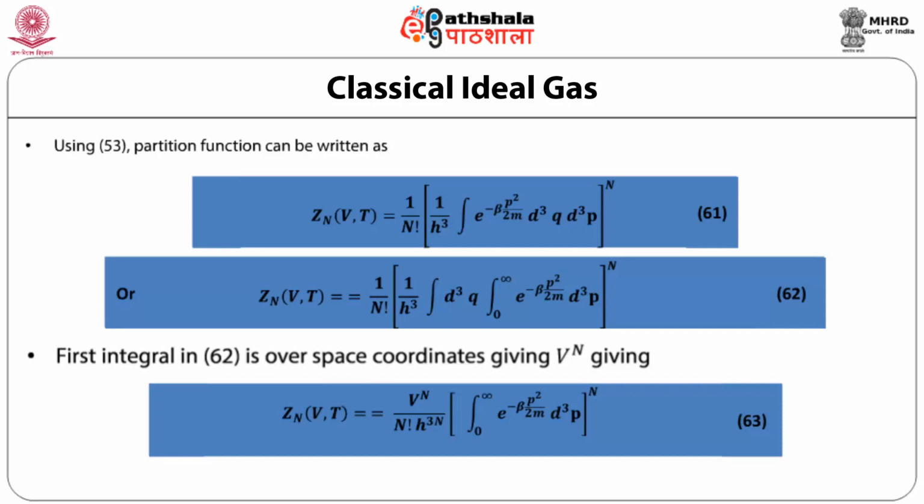The first integral in the above equation is over space coordinates, giving V raised to power n, giving the partition function equal to V raised to power n divided by n factorial h raised to power 3n, square bracket begins, integral from 0 to infinity e raised to power minus beta p square by 2m d^3p, square bracket closed raised to power n.